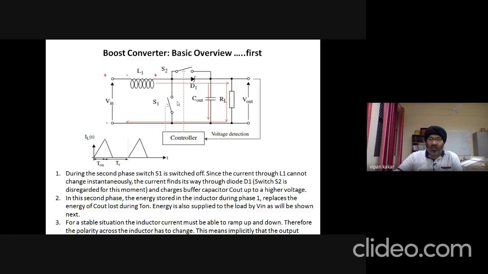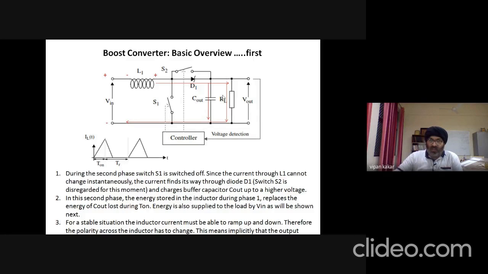As soon as this switch S1 is switched off, the current through this L1 starts to flow through this D1, which gets forward biased and starts to charge this buffer capacitor, which got discharged during phase 1, as we saw in the previous slide, to a higher value, because we have already seen that this C out is sufficiently large to get charged to a higher voltage.